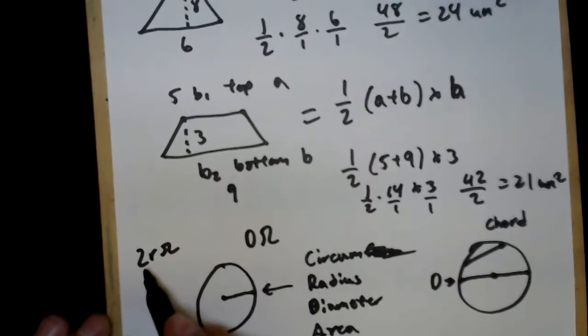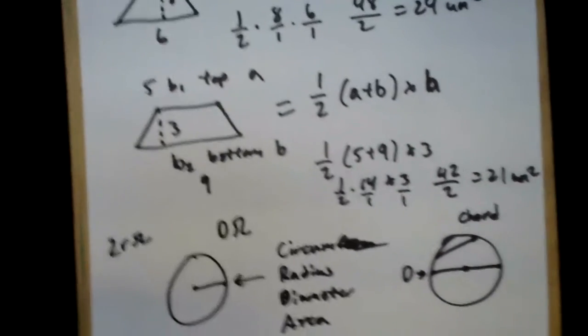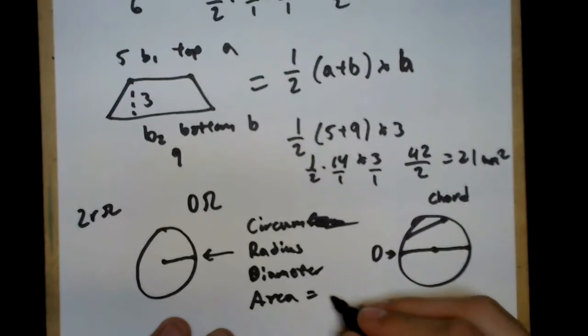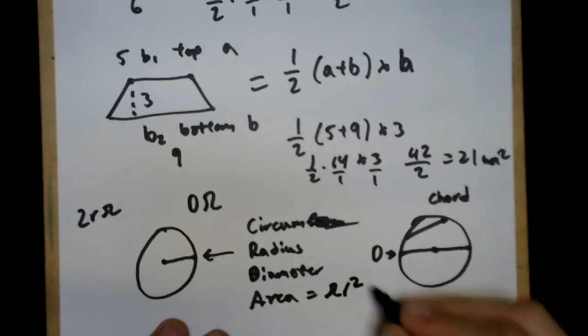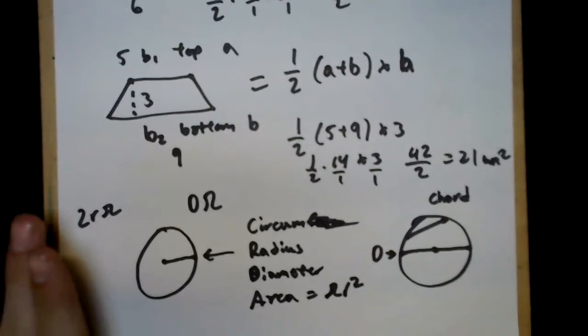Because if you double the length of the radius, it's basically the diameter, and then you times by pi. Now the area of a circle, which most of you may recollect, is pi r squared. Fancy pie. It's good with whipped cream.